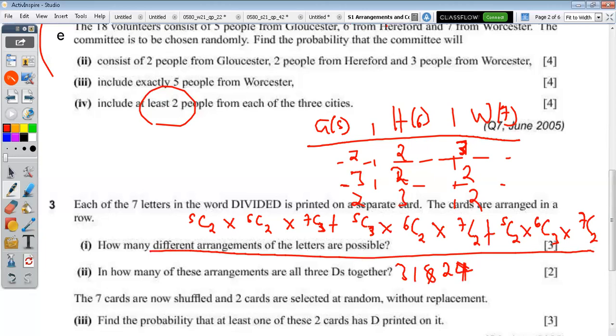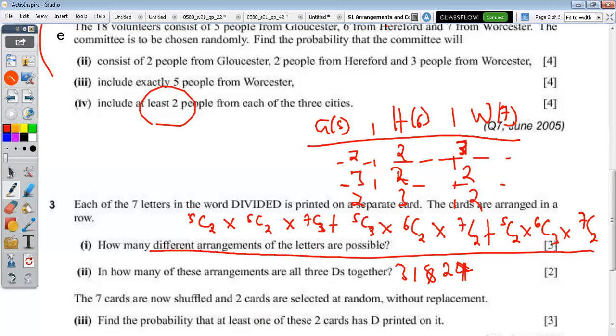So basically what we're saying here, we got the first equation, it's the at least 2 people. We're choosing 2 from 5, times 2 from 6, times 3 from 7.